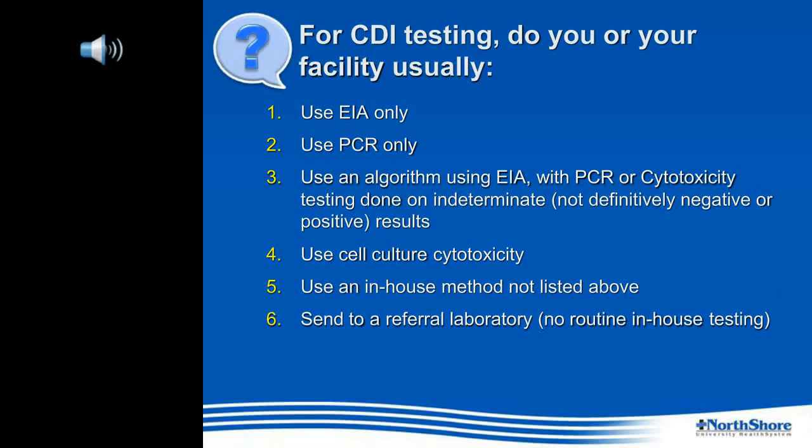And again, you can look at your own laboratory, what kind of testing is being done. Enzyme immunoassay as a standalone test is not very frequently used in the United States anymore. It's going to be mainly PCR or an algorithm using PCR testing that are used in the U.S. according to the most recent data.